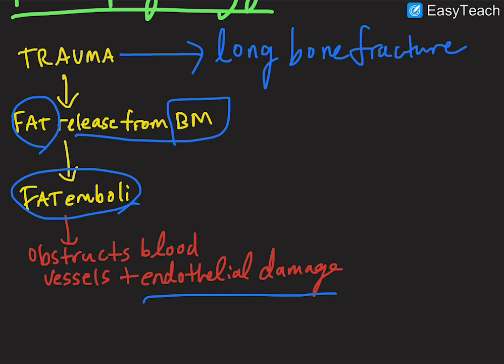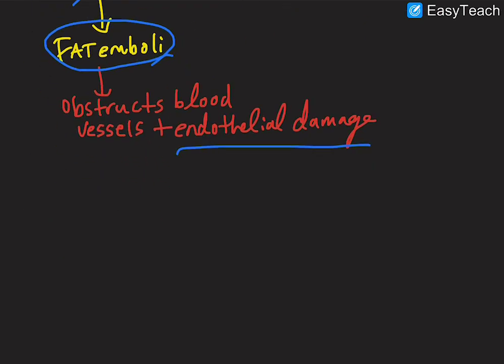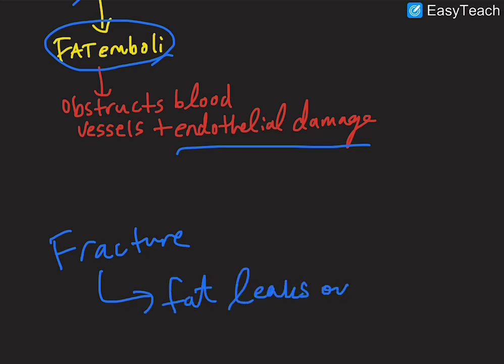But to expand on this, there are two main ways that fat embolism syndrome can happen. The first way is mechanical obstruction. So you get a fracture, a traumatic event, and that leads to fat leaking out into your veins.